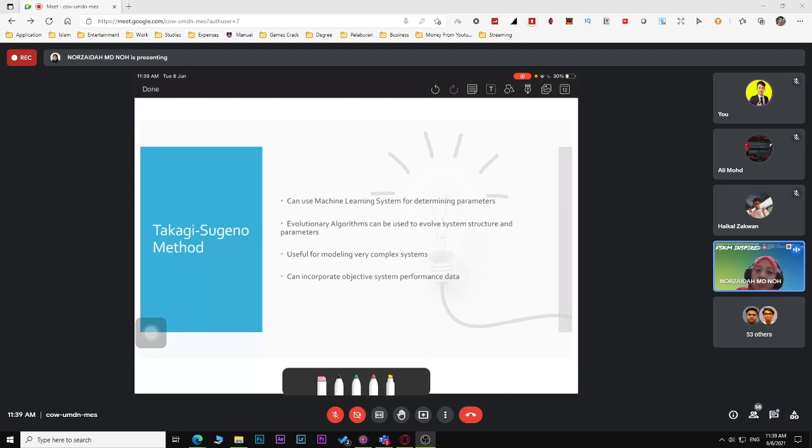Sometimes it is also used in evolutionary algorithms, because in evolutionary algorithms the system needs to learn from past experience and evolve, giving new solutions and so on. So you can also incorporate the Takagi Sugeno method inside evolutionary algorithms.